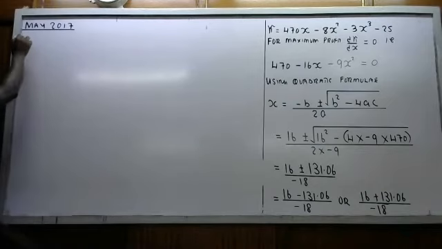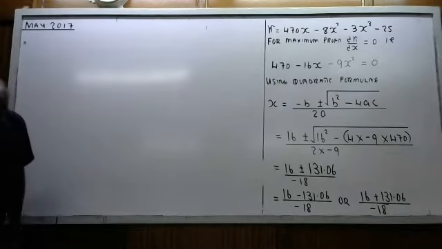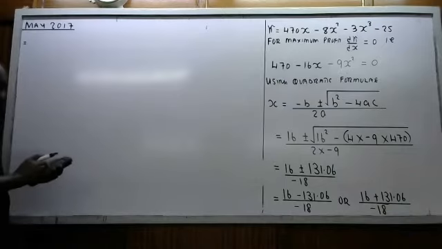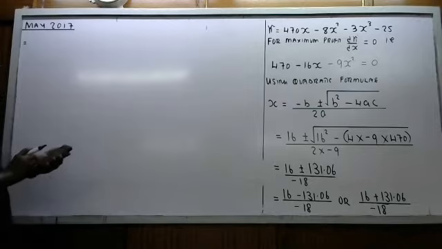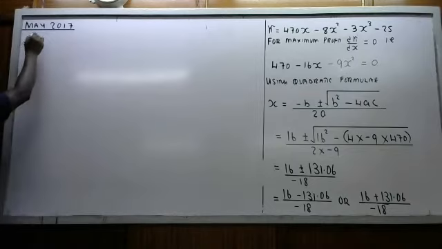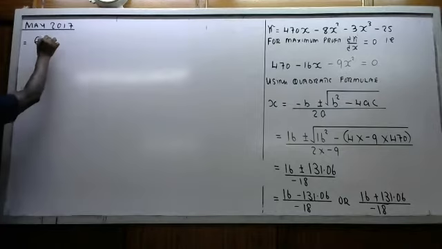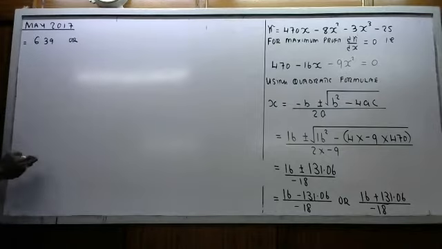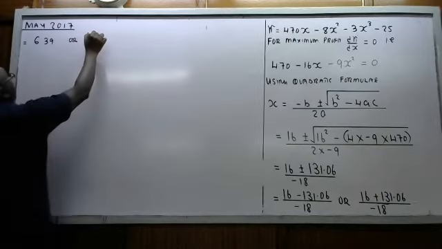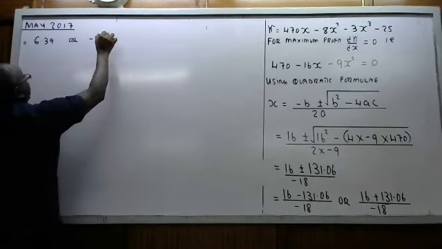If I say 16 minus 1.1.06 divided by minus 18, I have 6.39, or 16 plus 1.1.06 divided by minus 18 is minus 8.17.